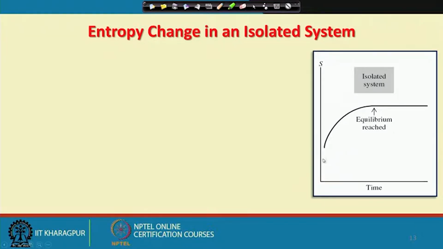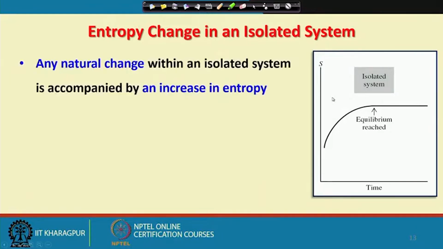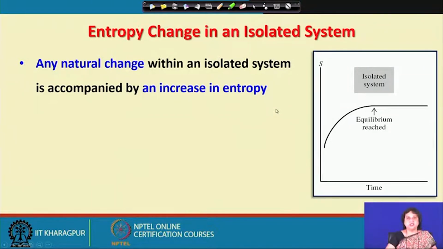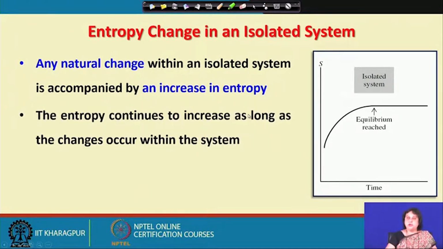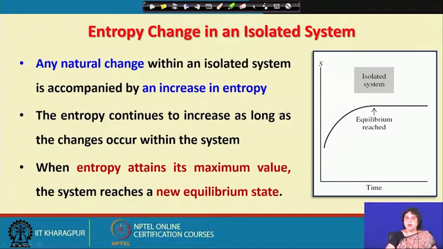And as you see, in the direction of spontaneous change in state, it is going towards a maximum value. And of course, this is the direction of any natural change, and the entropy would continue to increase as long as the changes occur within the system.